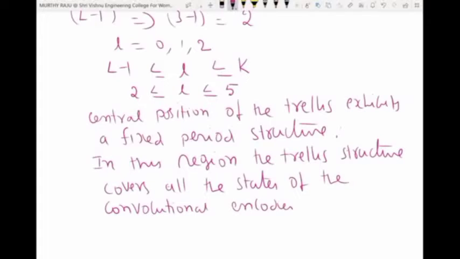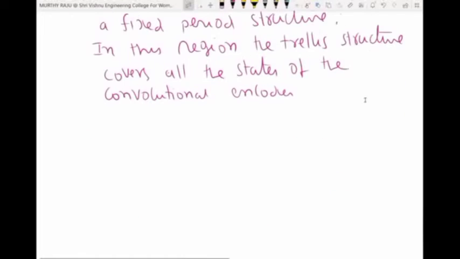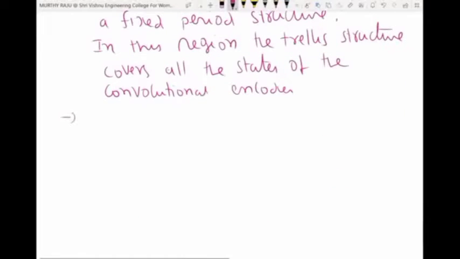Very, very important point. Okay, last: these are the L minus 1 levels, that means 3 minus 1, that is equal to 2. The last two levels, that means l is equal to 6, 7.